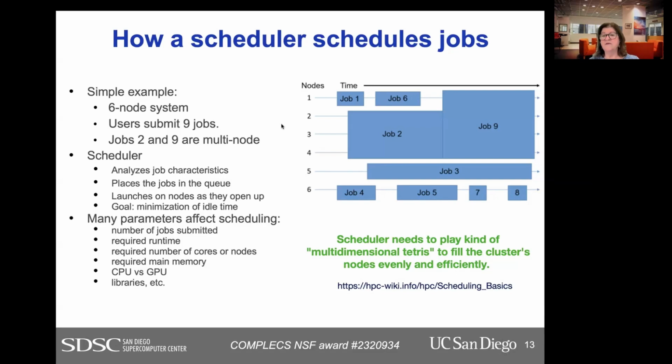And the scheduler decided to start running job 9 and then job 2 in the multi-node model. And then 6 and 1 got fit in and start when job 9's over. Job 3 is a longer running job, it's just on one node, but then jobs 4, 5, 7, and 8 are then submitted at different times on the same node.